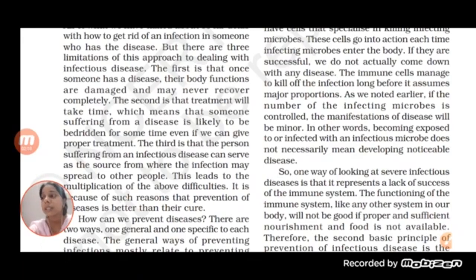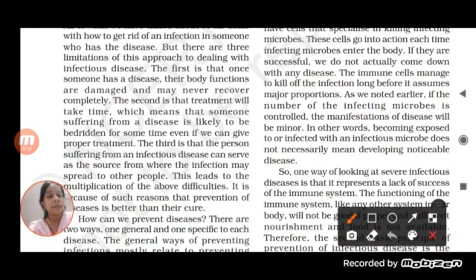So, prevention is necessary because there are three limitations or shortcomings. The person may become disease free, but the disease may cause malfunctioning of some body function, or because of the disease their body functions may get damaged or may never recover completely.